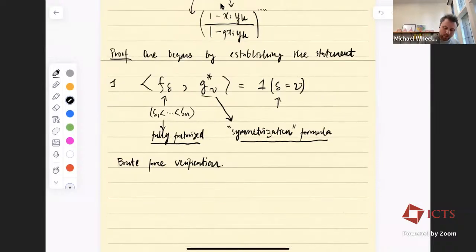So that's step one. And step two then is the following observation. We know that the action of the Hecke generators can be used to build up a generic F mu. We want to be able to compute this.